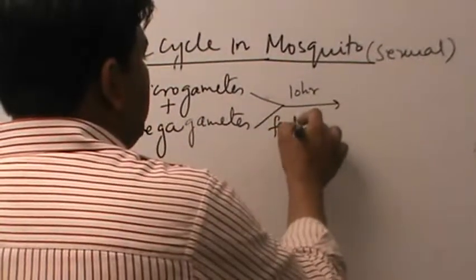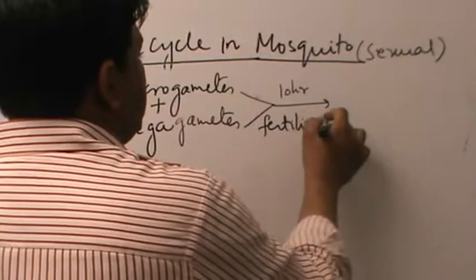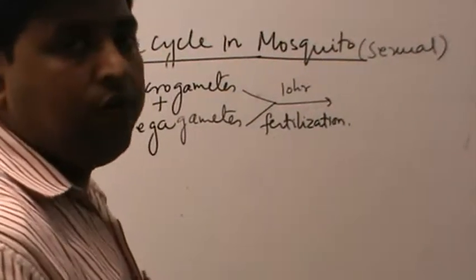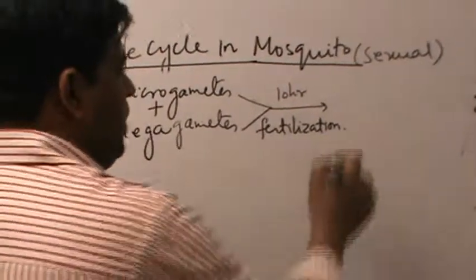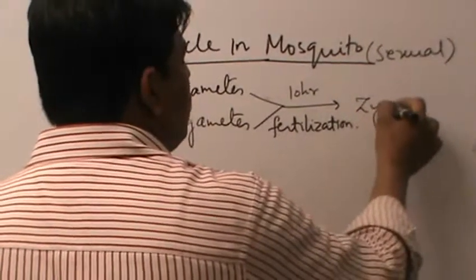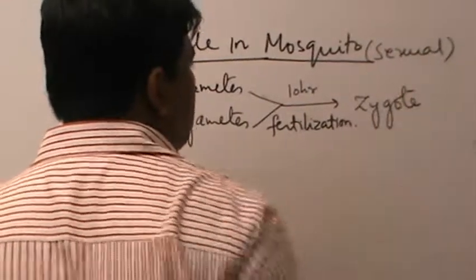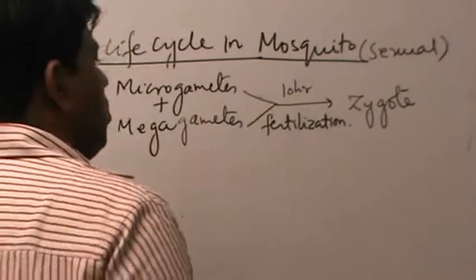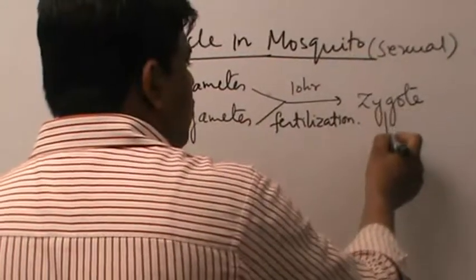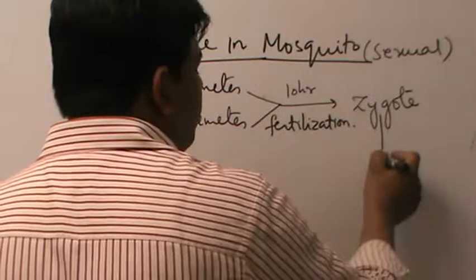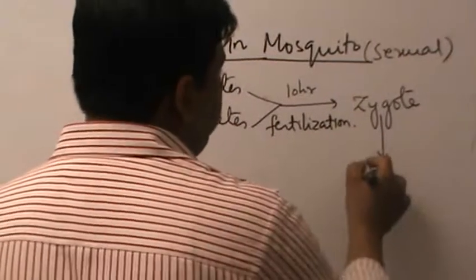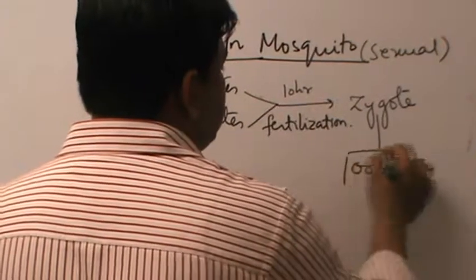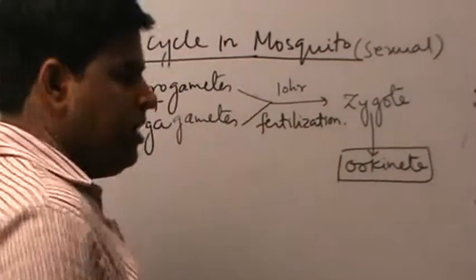This is known as fertilization. Fertilization takes place and forms a zygote. So now this zygote will form the ookinete, the next stage, which is called the ookinete.